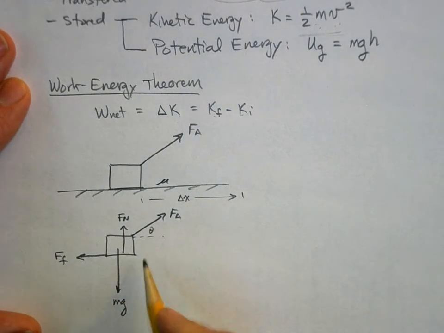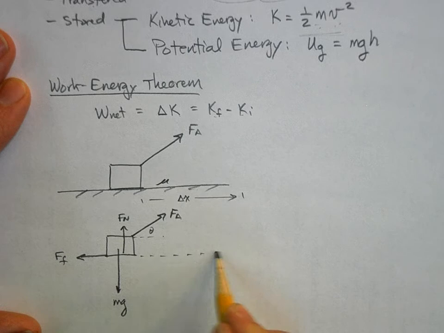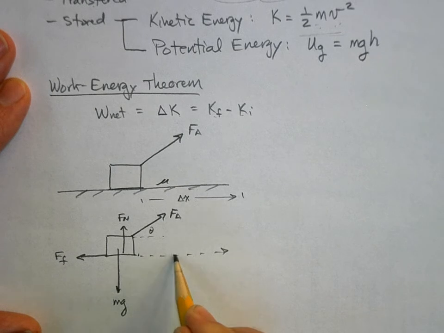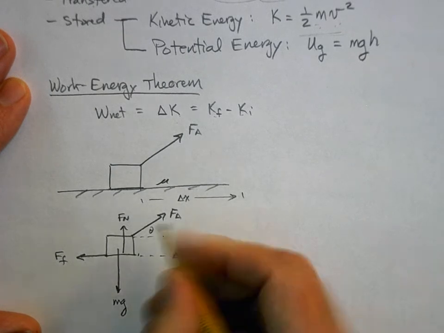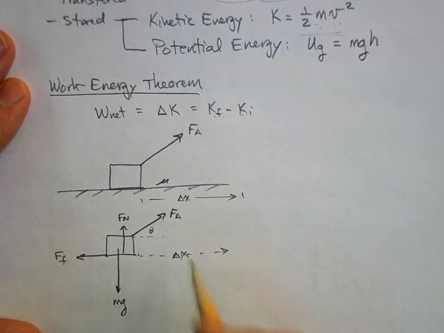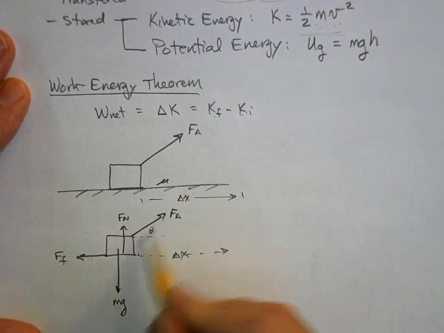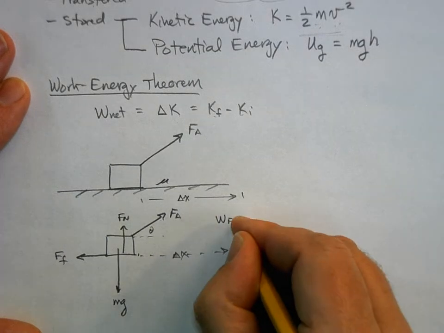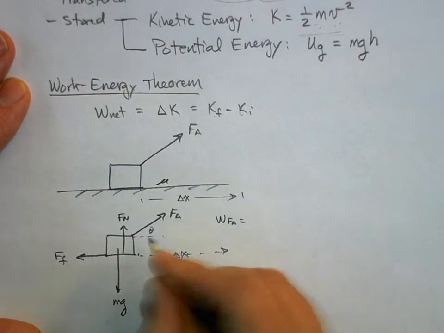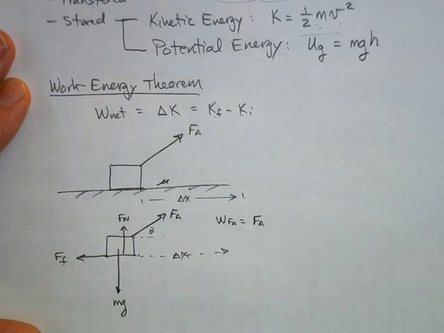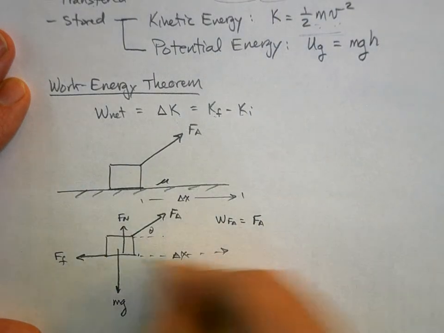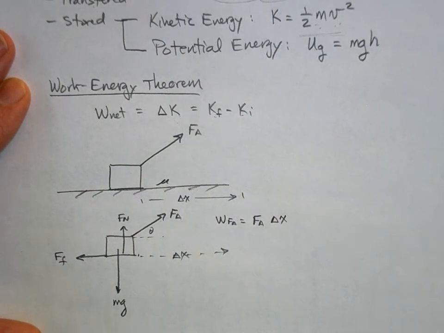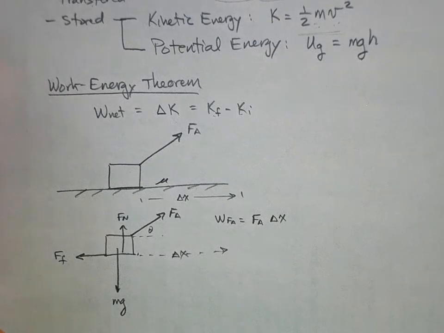Okay. Now our displacement, I'll just go ahead and draw our displacement is right here. This is our delta x. So if I go through each force, let's take a look at this applied force. The work done by the applied force is equal to the applied force times the displacement. But look, only the component of the applied force that's in the same direction as the displacement does any work.